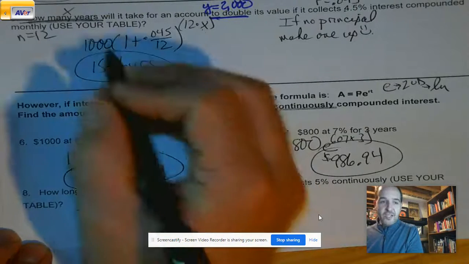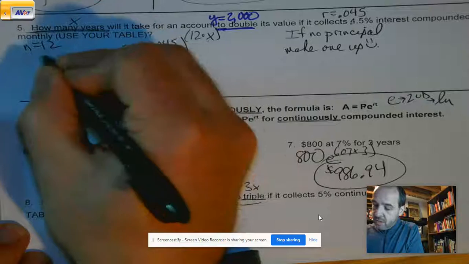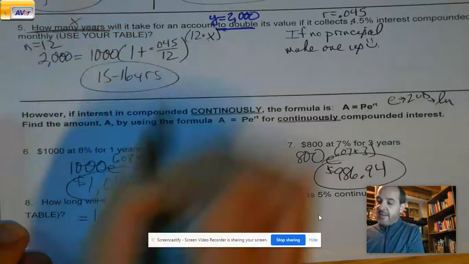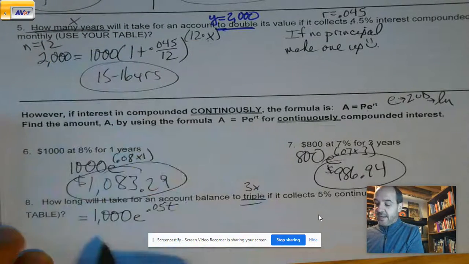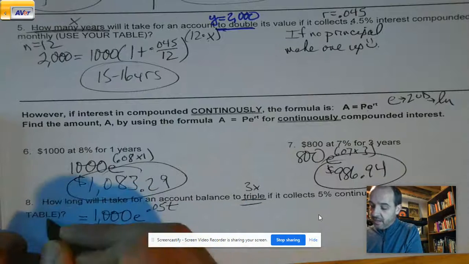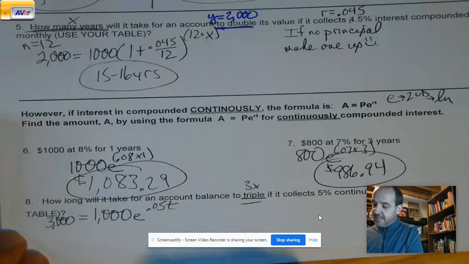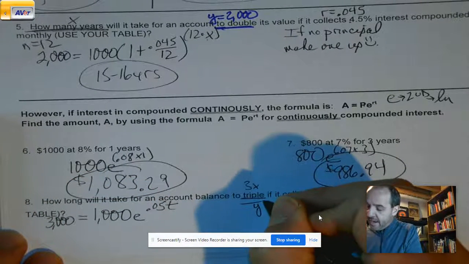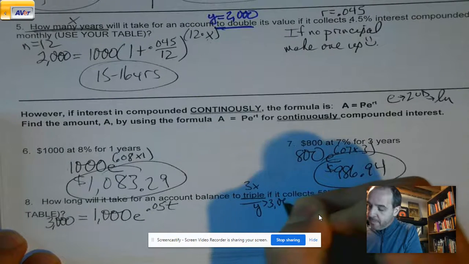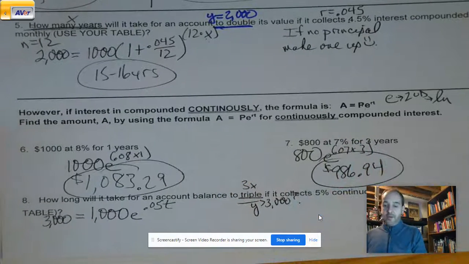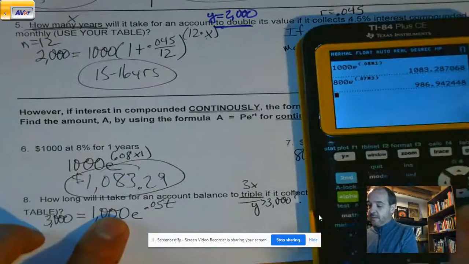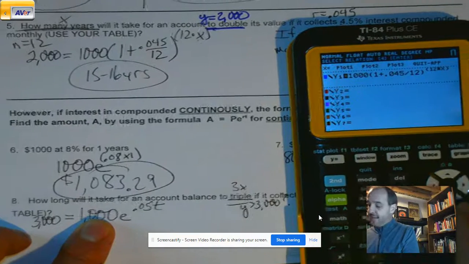I do know, and I should have put that up here too, when I was doubling, this needed to equal 2,000. Now here, since it's tripling, this needs to equal 3,000. So when does y get bigger than 3,000 using this formula? We can only stick that part in the calculator.